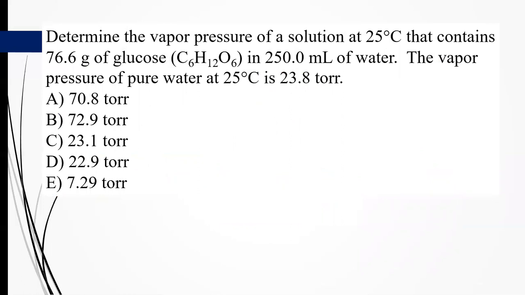Determine the vapor pressure of a solution at 25 degrees Celsius that contains 76.6 grams of glucose. The vapor pressure of pure water at 25 degrees Celsius is 23.8 torr. So remember, if we want vapor pressure, the pressure of the solution is equal to the mole fraction of our solvent times the pressure of our pure solvent.